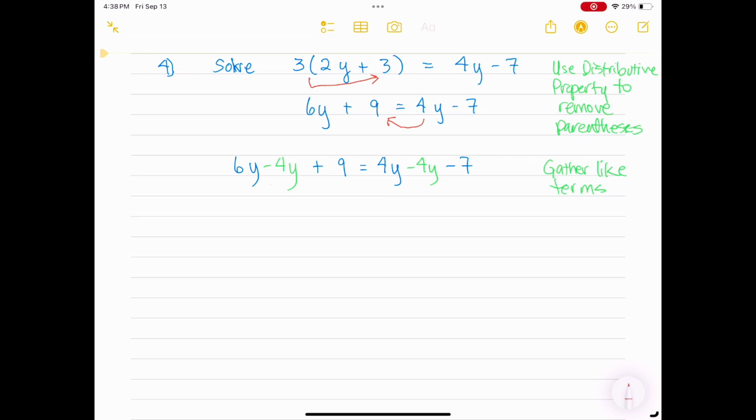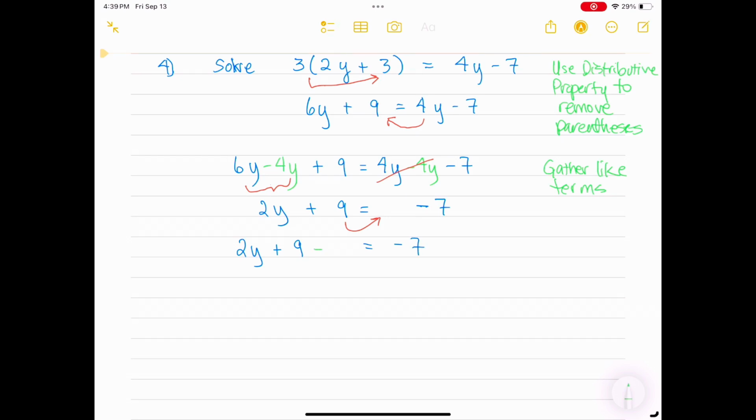And now we simplify. On the left-hand side, 6y minus 4y simplifies to 2y. And then I bring down the addition sign, and 9 equals. On the right-hand side, 4y minus 4y equals 0, leaving minus 7 on the right-hand side. Now I bring the number 9 over to the right-hand side by subtracting 9 from both sides of the equation.